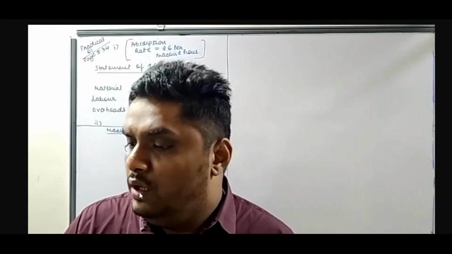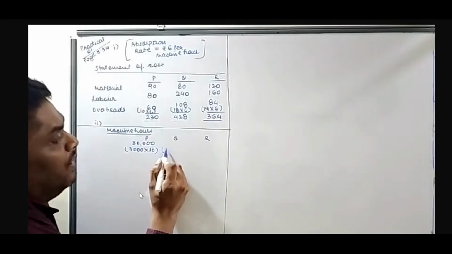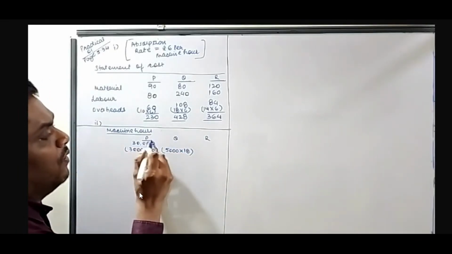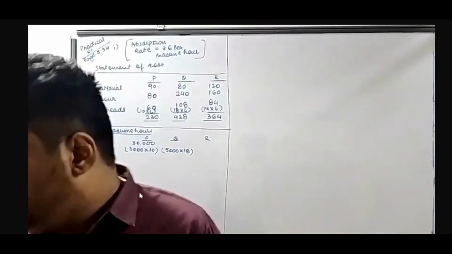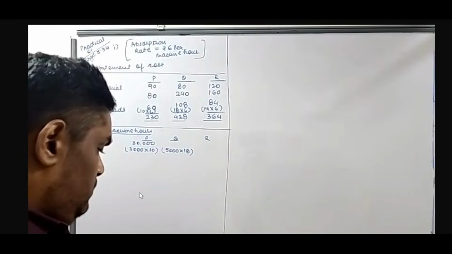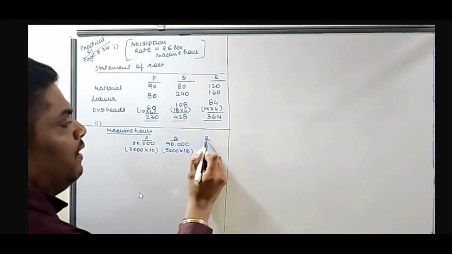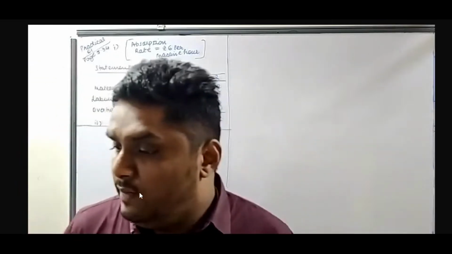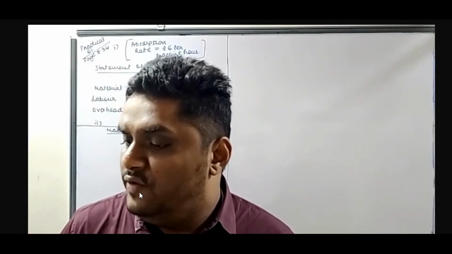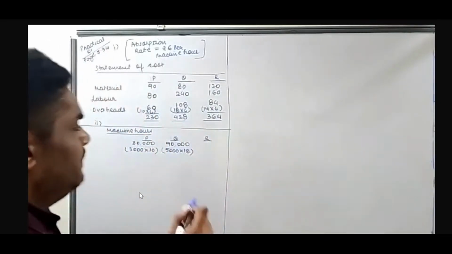Again for Q, 18 hours per unit is required and we are manufacturing 5,000 units. So 5,000 into 18, that is 90,000. And for R, we are manufacturing 20,000 units and the hours required per unit is 14.